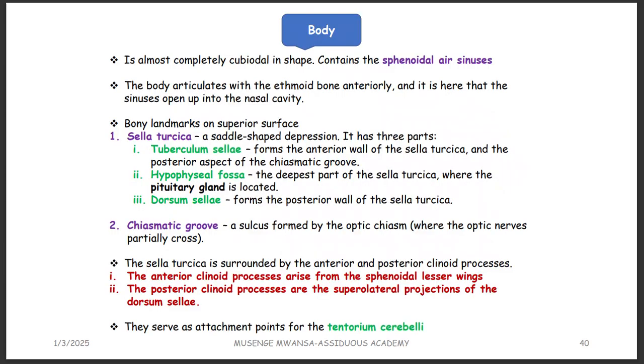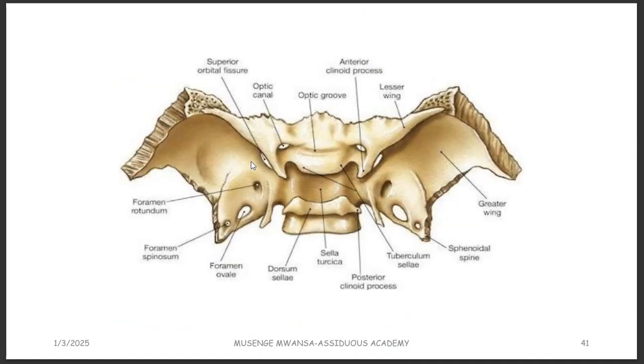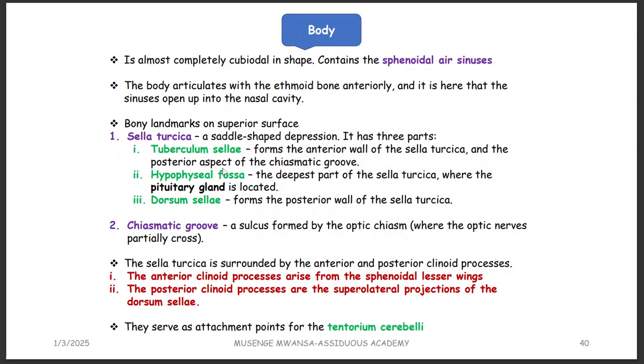Another thing you should know about the sella turcica is that in the front we have the tuberculum sellae, in front of the sella turcica. Behind it, we have the dorsum sellae. Dorsum means behind, isn't it? So dorsum sellae, tuberculum sellae, right?